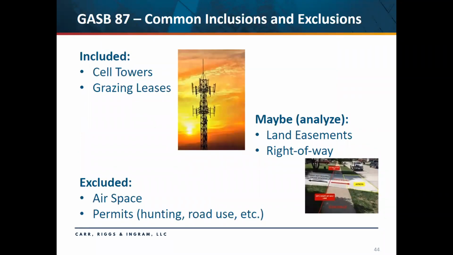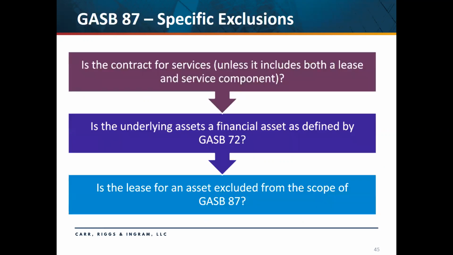Some common inclusions and exclusions are cell towers and grazing leases, and some exclusions are airspace and permits. However, things like land easements and right-of-way, those are going to be things we have to analyze and determine should this be excluded or included due to the standards that go into GASB 87.